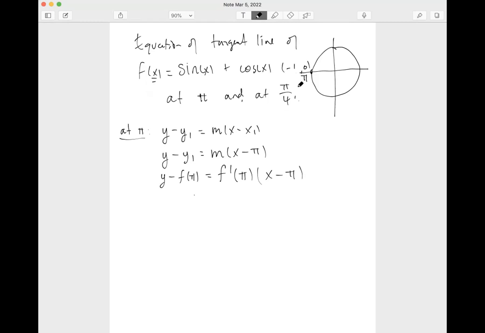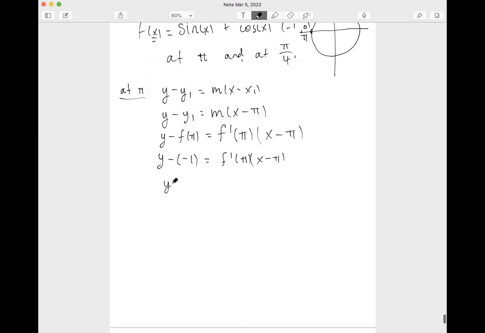Yeah. So then what does that tell you, sine of pi? It's 0. Yep. And then cosine? -1. Right. So we have y minus -1 is equal to f prime times (x minus pi). That's y plus 1.